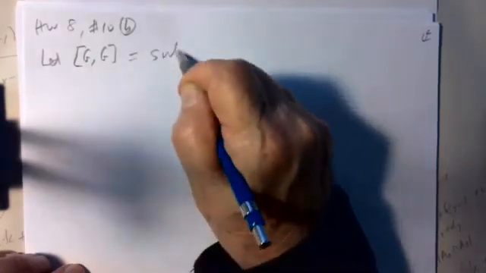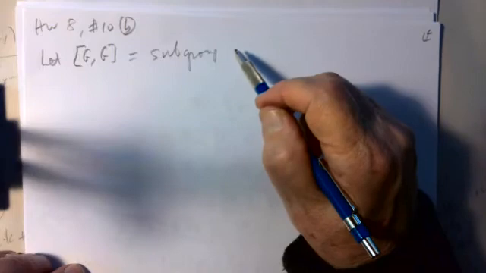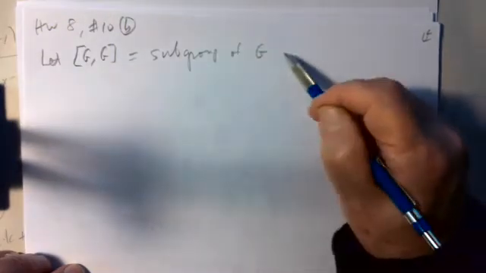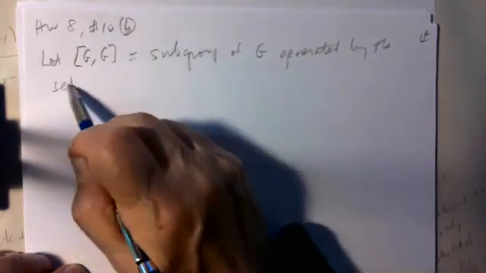So this is homework 8, number 10, part B. We talk about this notation, [G,G], square brackets G comma G. This is the subgroup of G generated by the set of commutators.